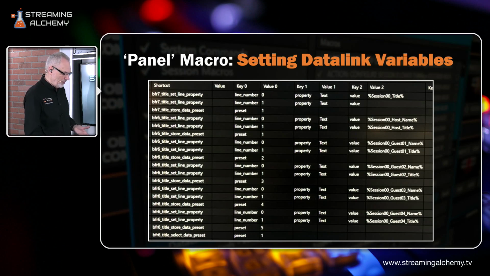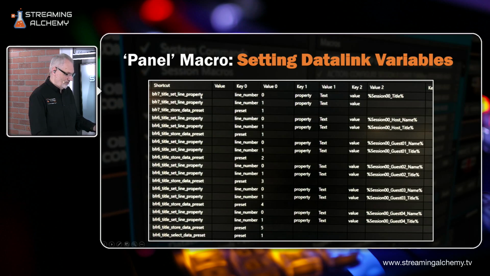Here is the macro that we set up for this. When I press this, which I think is our panel 0, we are setting the title set line property, which is the text that goes into each one of those lines you saw. So the name or the title, the text that actually goes into there.